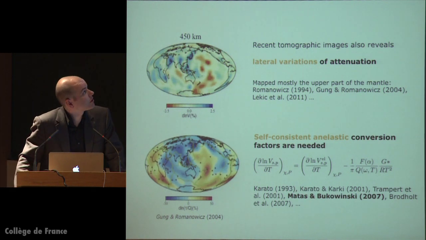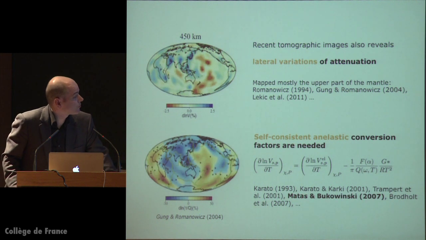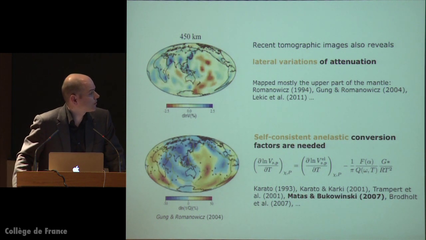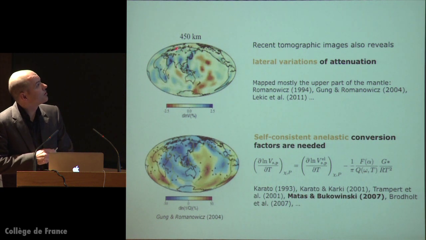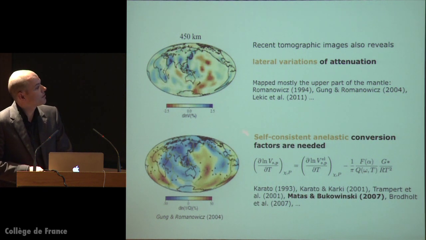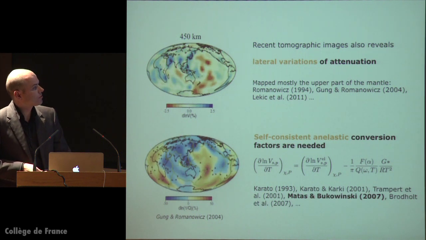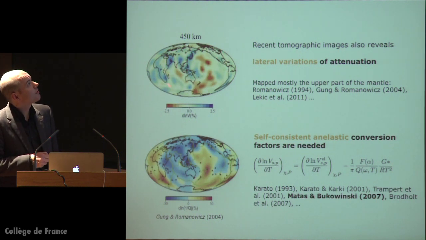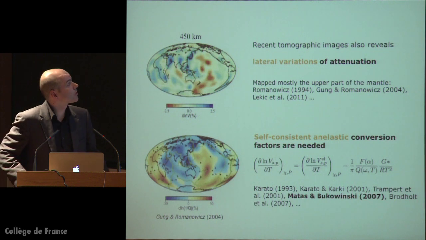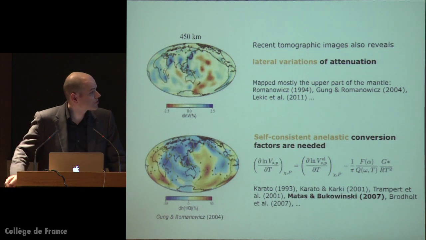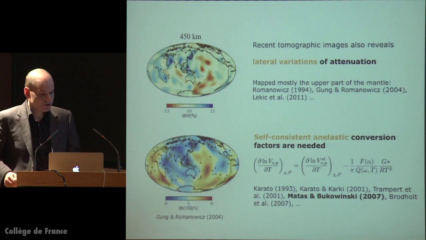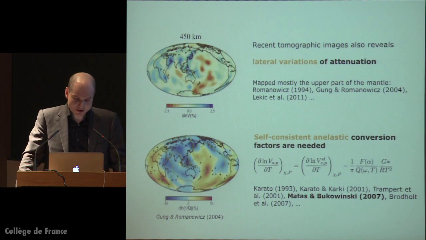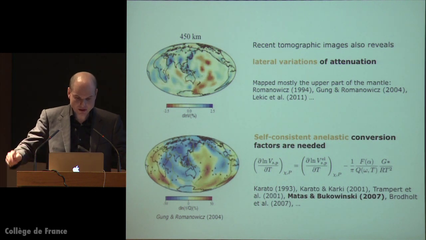I just show here one example from the paper by Gung and Romanowicz, who mapped simultaneously the variations of velocities together with variations of attenuation in the transition zone at 450 kilometers, and you can see that the lateral variation of attenuation can be pretty high, as much as 50% on the lateral scale.